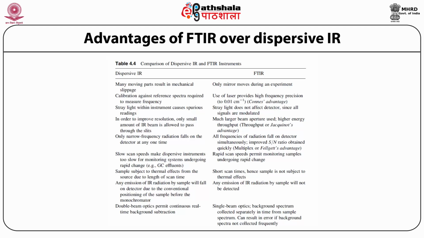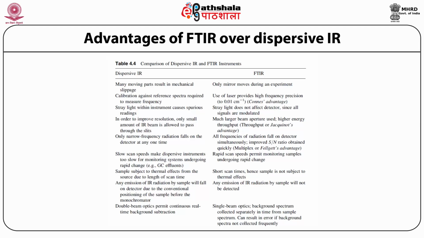In FTIR, scan times are short, hence the sample is not subject to thermal effects. In dispersive IR, any emission of IR radiation by the sample will fall on the detector due to the conventional positioning of the sample before the monochromator. But in FTIR, any emission of IR radiation by the sample will not be detected.